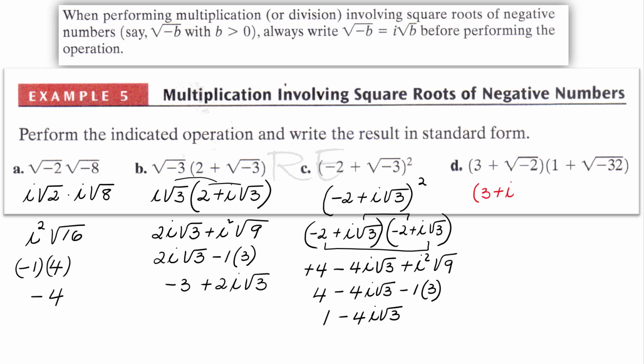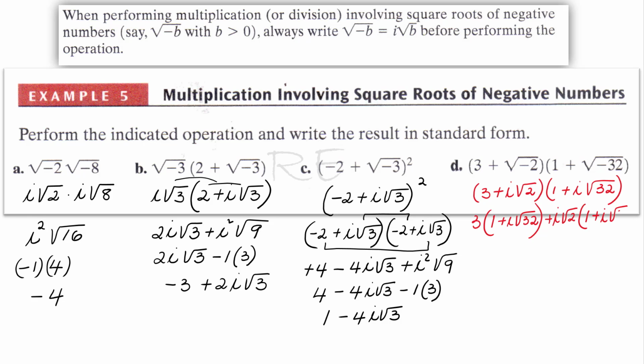3 plus i square root of 2 times 1 plus i square root of 32. 3 times 1 plus i square root of 32, we distribute 3 over 1 plus i square root of 32.